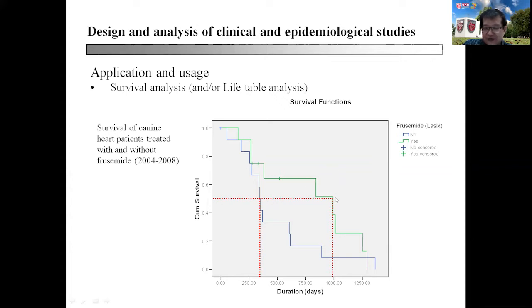However, if they are treated with furosemide, we can see that 50% of the population was still surviving as of close to 1,000 days. So we can see here the benefit of using furosemide as treatment in this case, whereby it prolonged the life expectancy of the canine patient by about 600 days or more, further proving the efficacy of the treatment.